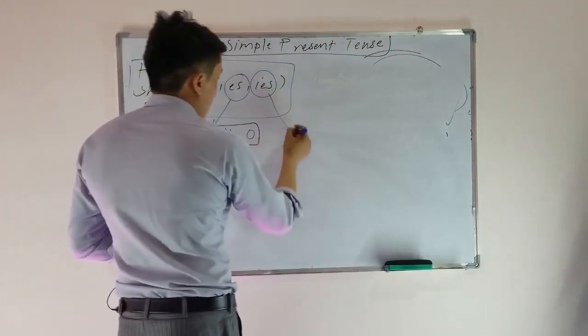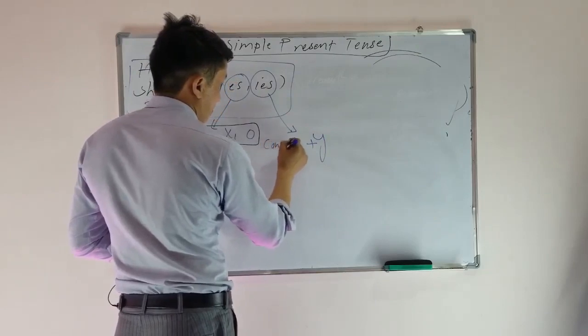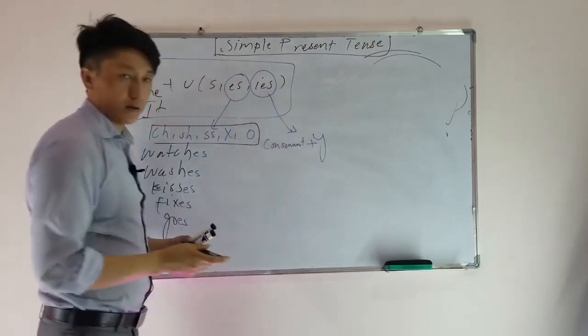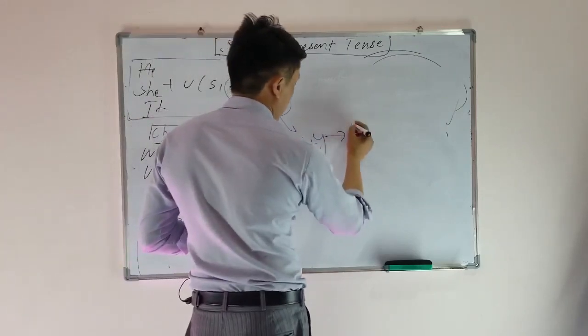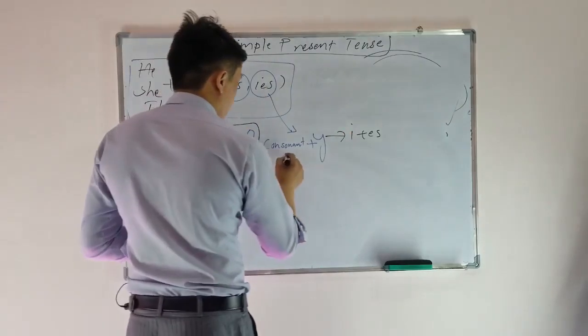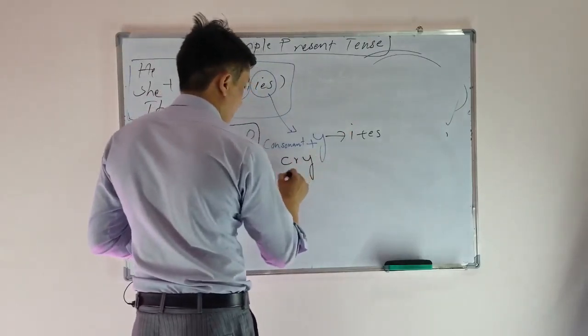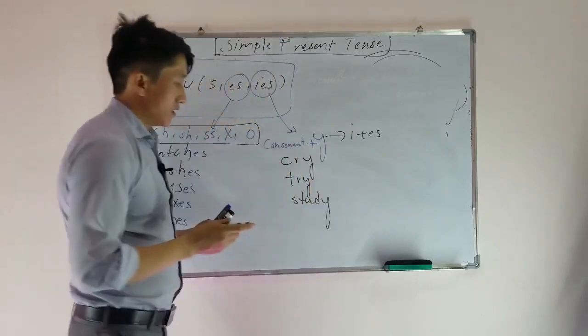So here, if a word finishes with y, and before y we have a consonant sound, then the letter y changes to i and we add es. For example, cry, try, study.